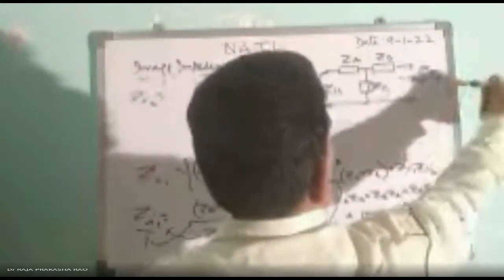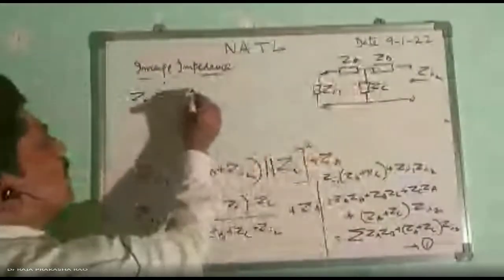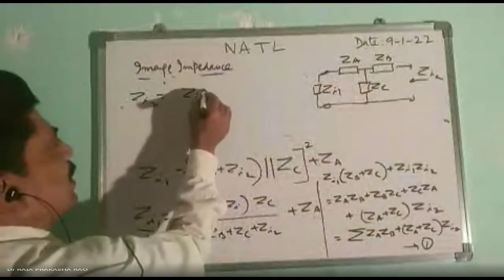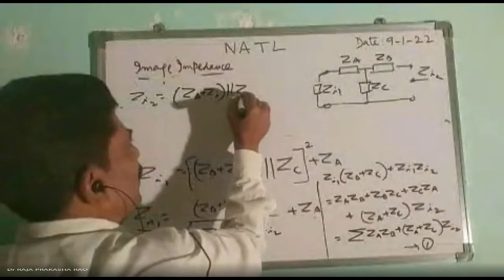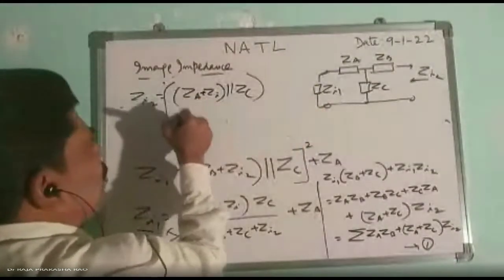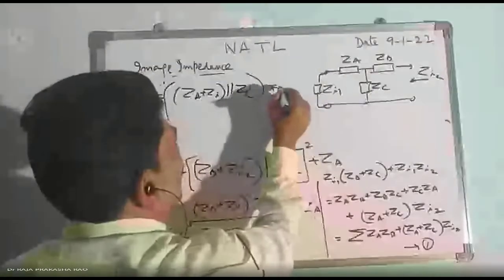So looking from the second port, the ZI2 will be equal to ZI1 plus ZA, or ZA plus ZI1. This will be in parallel with ZC, and this total combination will be in series with ZB. Is it not? Plus ZB.